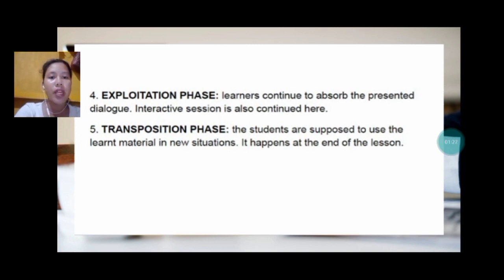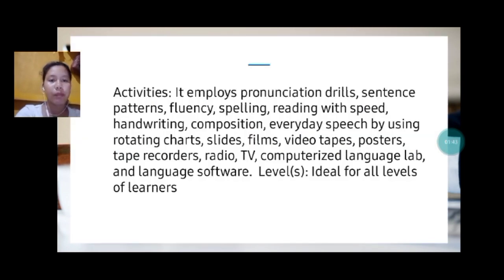Next, the fifth is the transposition phase. In transposition phase, the students are supposed to use the learned material in new situations. It happens at the end of the lesson.